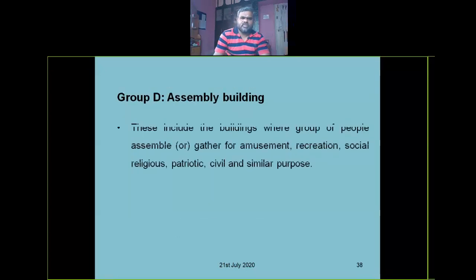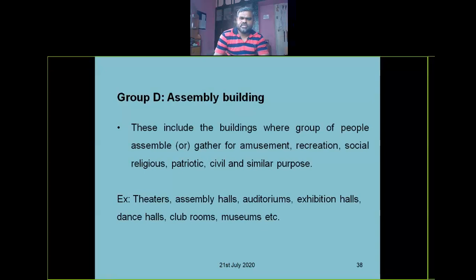Assembly buildings include buildings used for the gathering of different groups of people: amusement, recreation, clubs, religious and patriotic civic purposes.